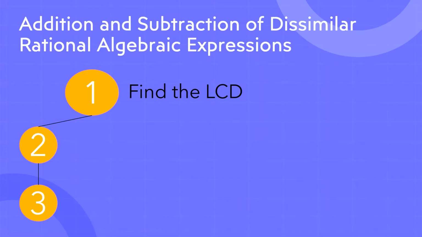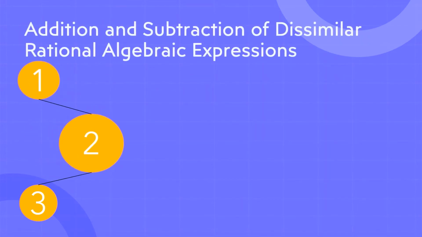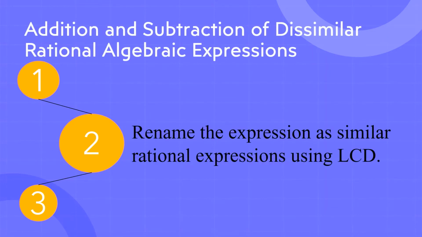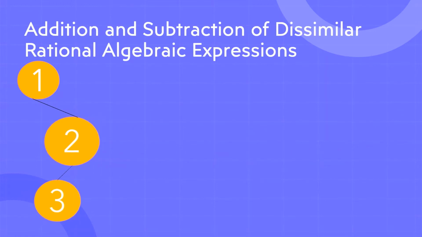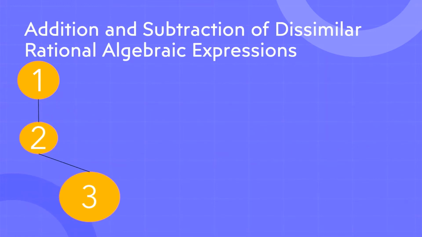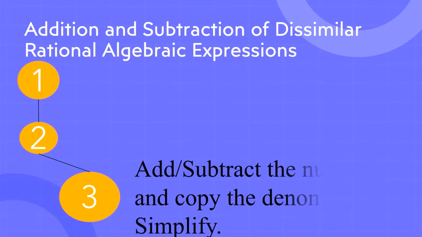Step 1. Find the LCD. Step 2. Rename the expression as similar rational expressions using LCD. And step 3. Add or subtract the numerator and copy the denominator.